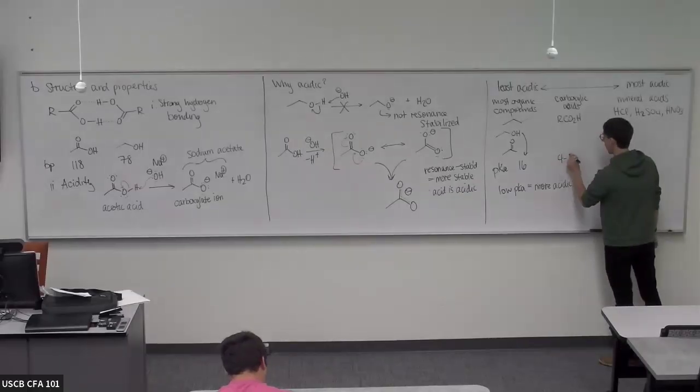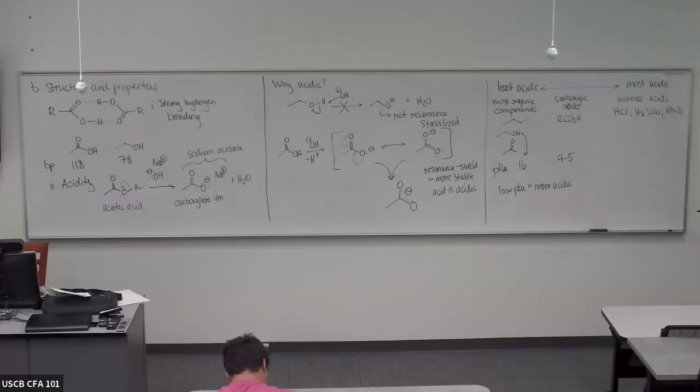Carboxylic acids, 4 to 5. And sulfuric acid is 0. Many other acids are even more acidic.